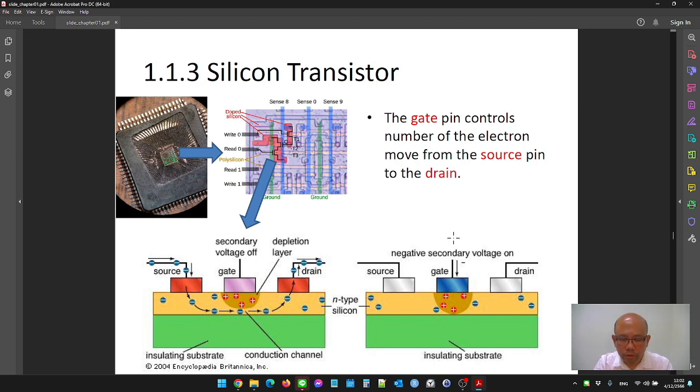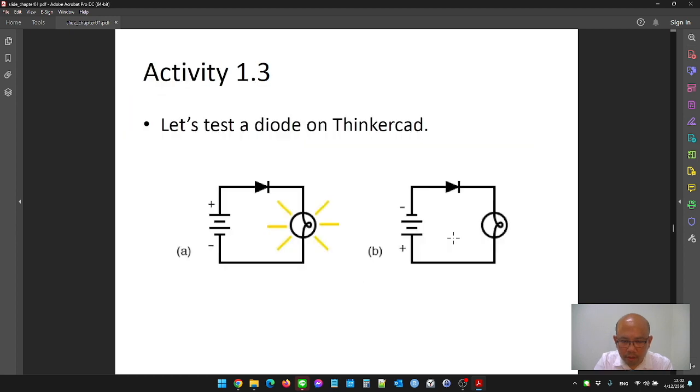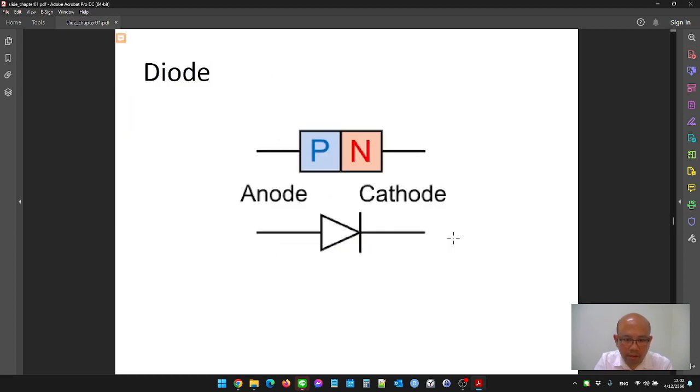Now I will show you the next device in electronics. From the last slide, I talked about the diode. A diode has two pins, P and N, the anode and cathode.